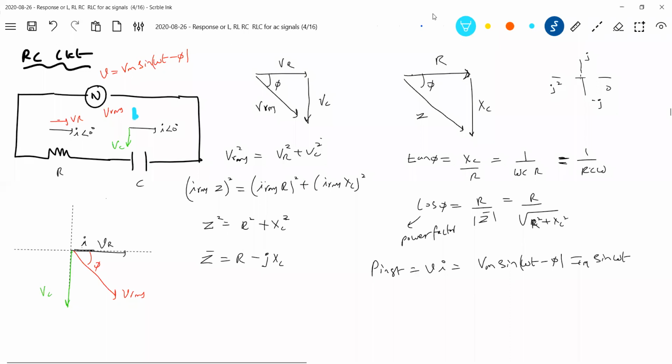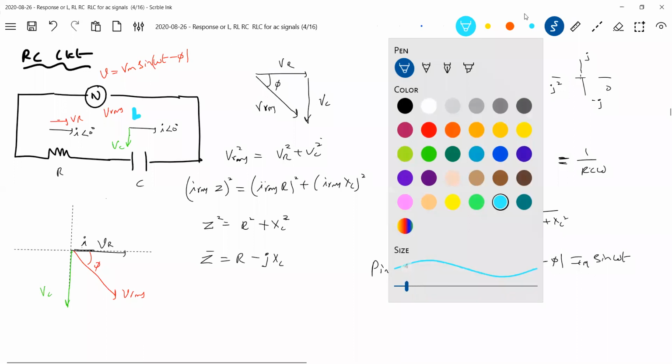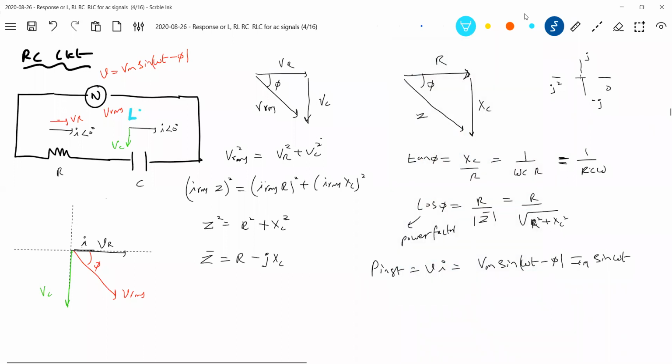I'll call it a lead circuit. An RC circuit is called a lead circuit here.